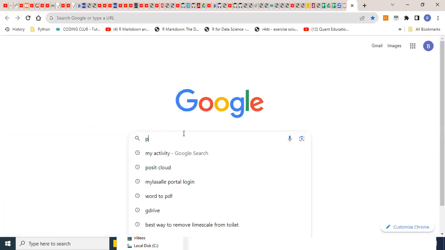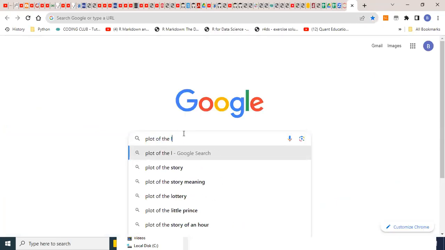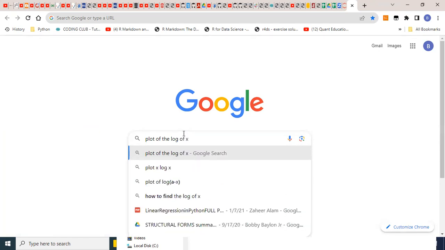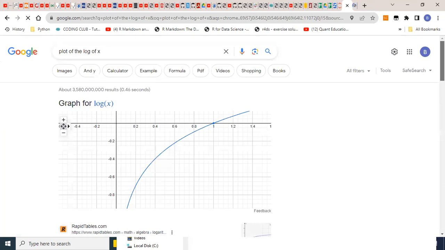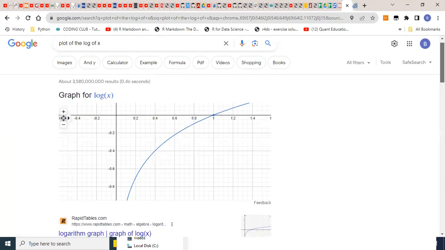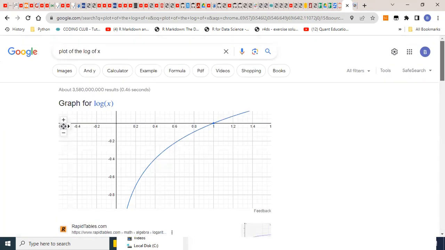Okay, plot of the log of x. Let me just show you the range of the domain. What do you notice about this, class?